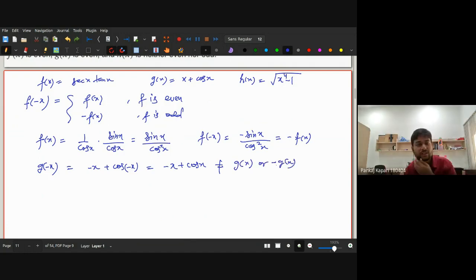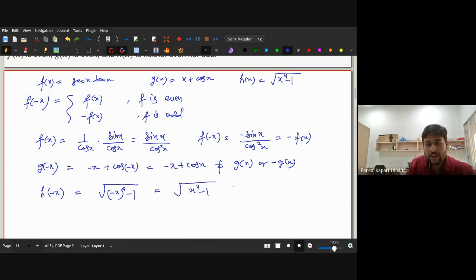This is not equal to g(x), because g(x) is x plus cos x, and this is cos x minus x. And similarly, it cannot be equal to minus of g(x). So g is neither odd nor even. What about h(x)? Let's write h of minus x, which will be the same as minus x to the power 4 minus 1, which is the same as x to the power 4 minus 1, and that is the same as h(x).